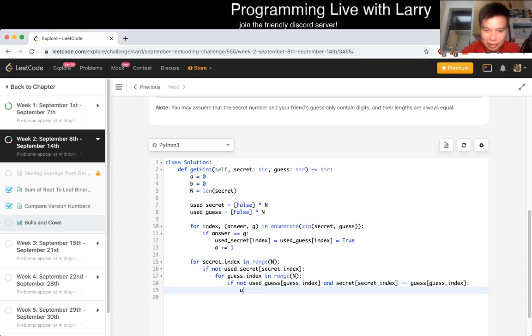We have to set used secret, secret index is equal to used guess, guess index is equal to true. And we already checked that they're all false. So yeah, and then we just increment B by 1.